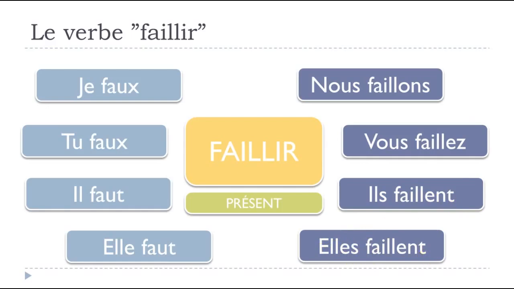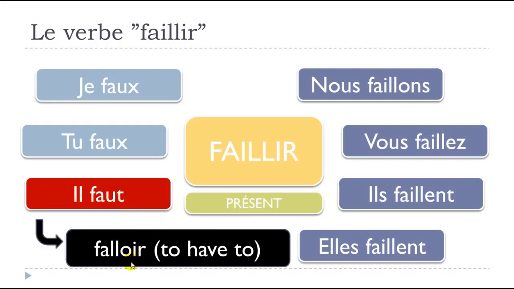Alright? Okay? And if you look carefully, you will notice that there is something quite strange here, because you've got a form that you should already know, and it's actually the verb falloir, to have to. So remember, falloir is what we call impersonnel, you get only this il form, okay?